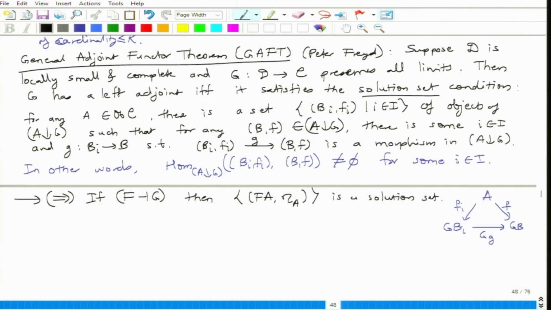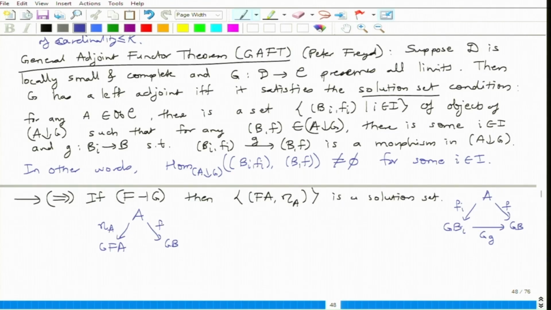This is easy to write down, but are you convinced? Let's see, I will write something more for your help. See, this is eta A, then this is GFA, and this is given to be GB.